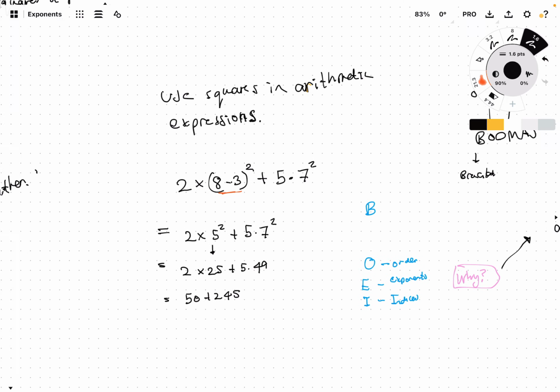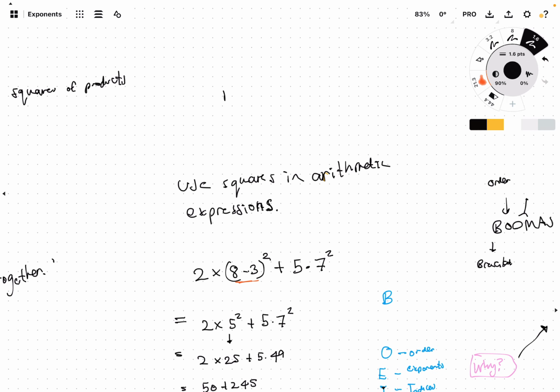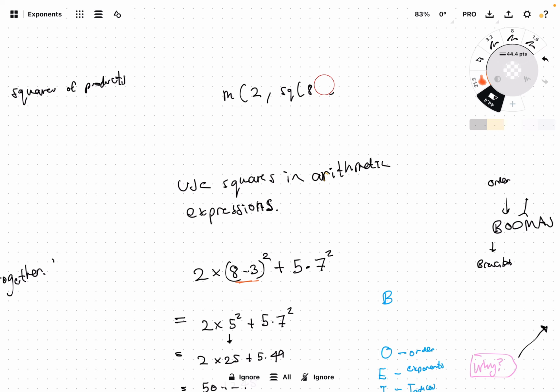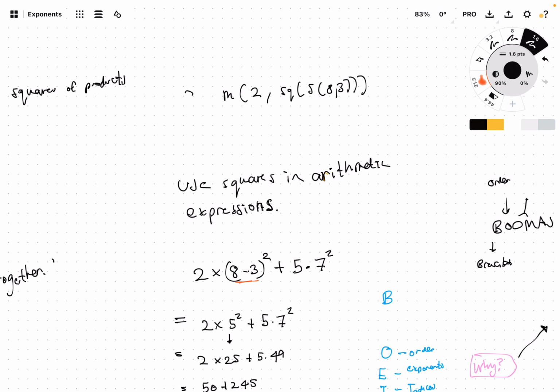This would be multiplication of 2 and square of 8 minus 3. Square of, I'm going to say S is subtraction, S of 8, 3. And then this is all being added together.